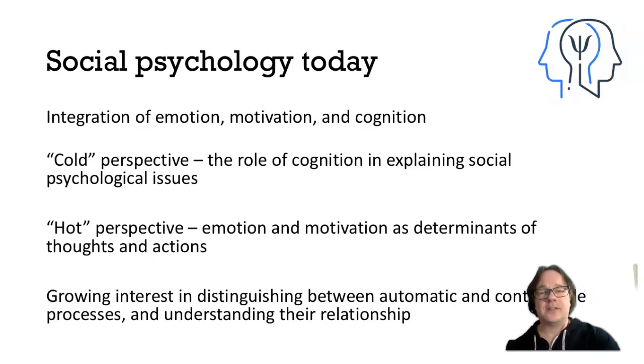So when we talk about things like cognition and these mental processes that are involved, this is often referred to as the cold perspective, right? So it's cold because it's methodical. It's about brain processes and functioning.